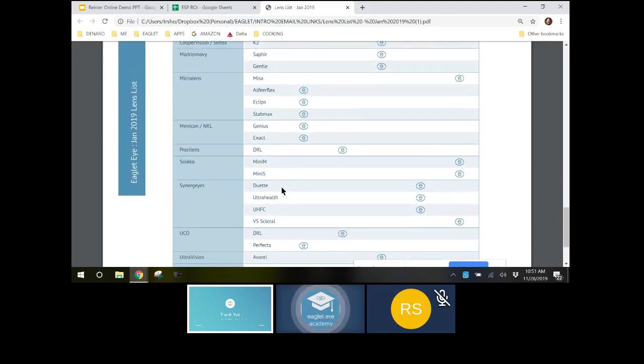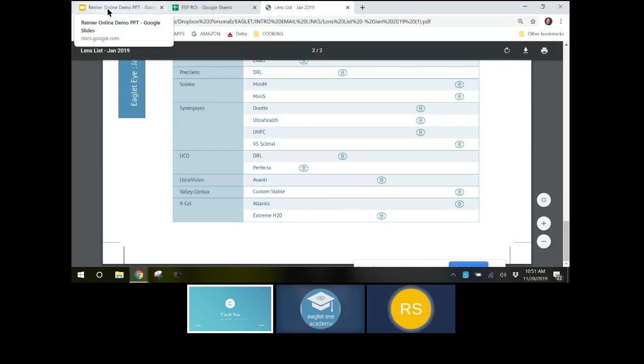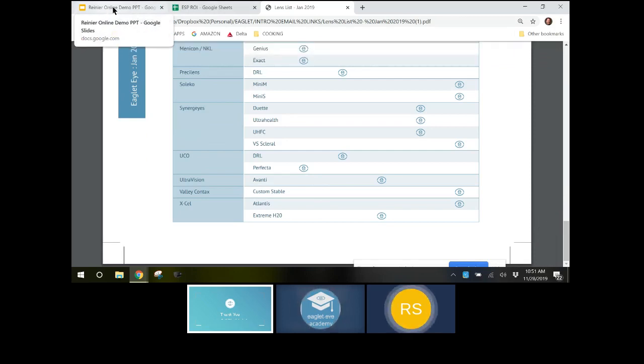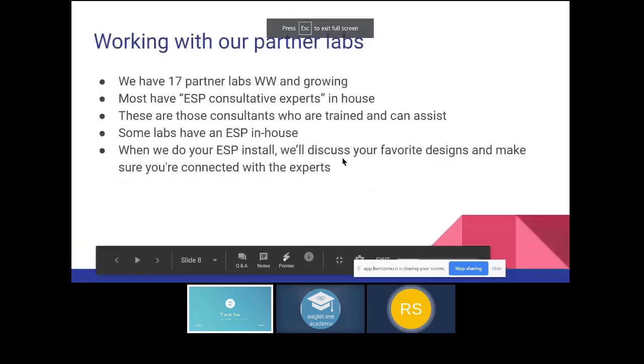So we have not only sclerals, we have ortho K, we have hybrids, we have corneal GPs, but in the U.S., obviously the focus is on scleral lenses and hybrids, but I do have soft lens algorithms as well as RGPs. So if anybody wants to have that list, I'll be happy to email you a link to that list.